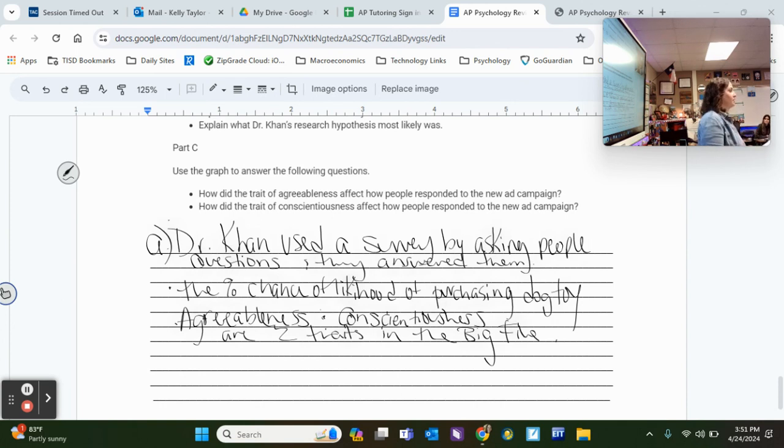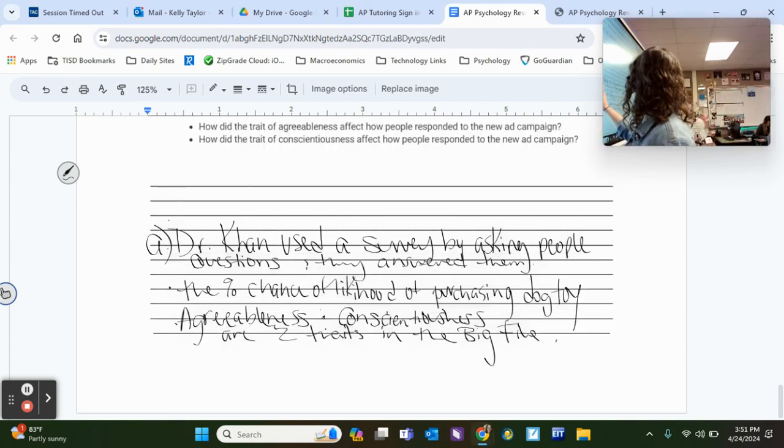It's not what's the cons of a survey, but what are the limitations of the research method used? The research method was a survey rather than an experiment. So what are the limitations of a survey? What can you not show? You cannot show cause and effect. You cannot show causation.